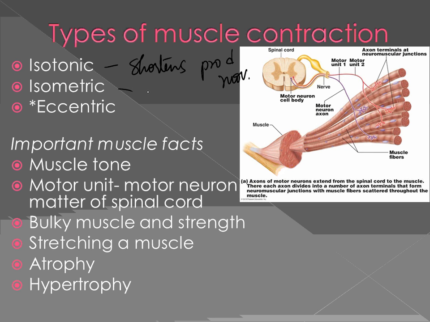Isometric is where the muscle contracts, there's no shortening, so there's no movement produced. But the tension inside the muscle will keep increasing. An eccentric action is where the muscle is contracting and it actually lengthens during the period of contraction.